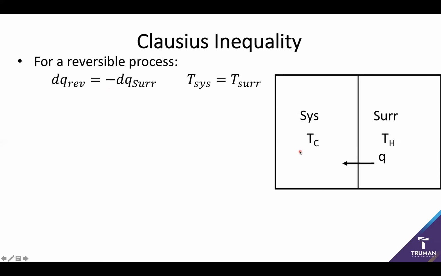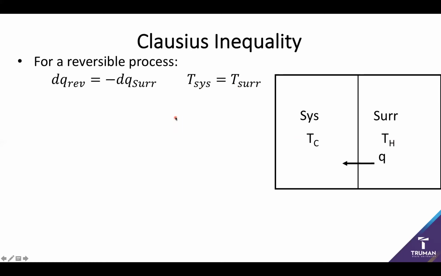Similarly, just like with a pressure-driven compression, when we're looking at a temperature-driven heat transfer, in order for a process to be reversible, my system and surroundings have to be at equilibrium. So the temperature of my system and the temperature of my surroundings are going to end up being equal.